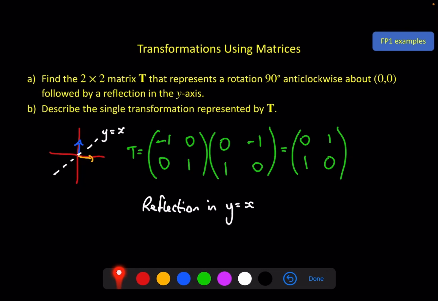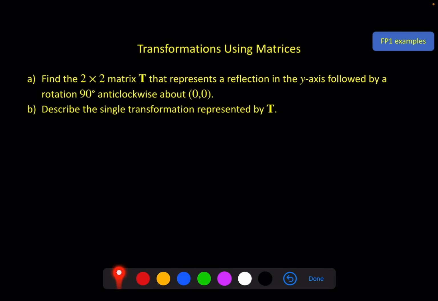To show that the order is very important, we've got almost the same example, but I'm going to switch these around. Find the 2 by 2 matrix T that represents a reflection first, followed by a rotation second. So again, my general approach is to consider what happens to this and what happens to this.